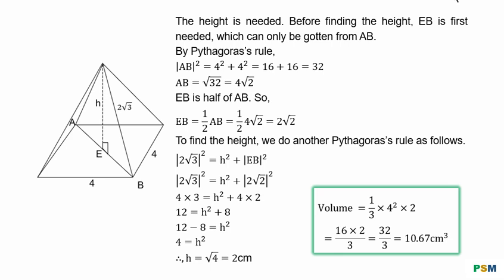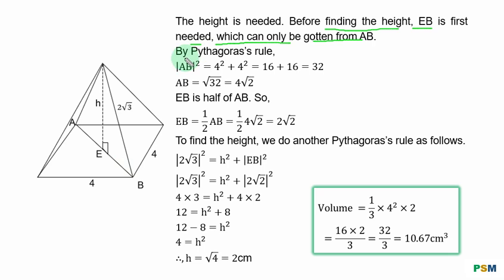The height is needed. Before finding the height, EB is first needed, which can only be gotten from AB. We need EB, and that is only possible if AB is known, because EB is half of AB.